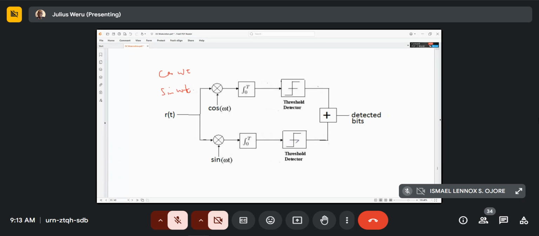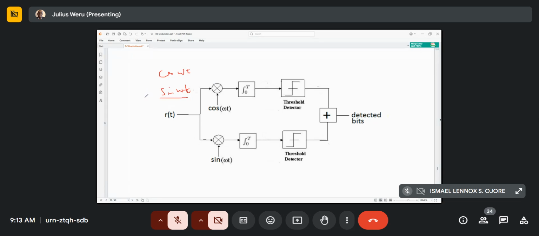And then of course you have a threshold detector to decide whether it was a 0 or a 1, and then you're going to have your output here. You can calculate it mathematically and you're going to see that is the whole principle.